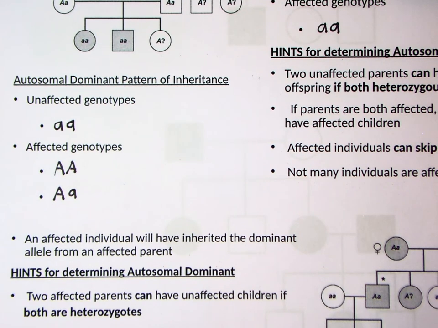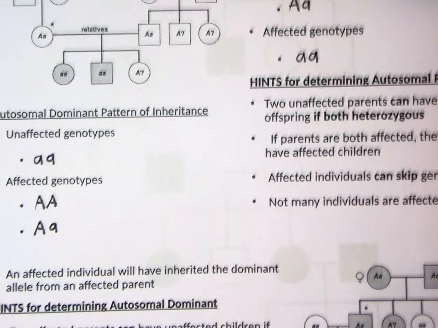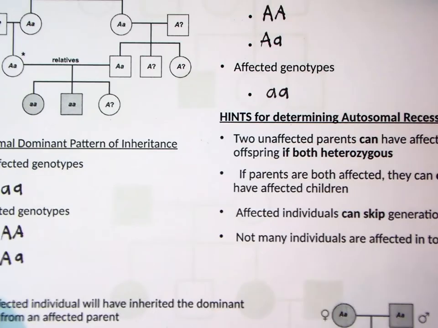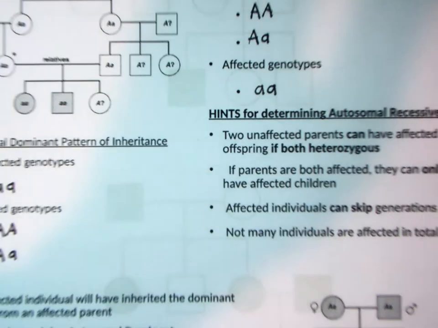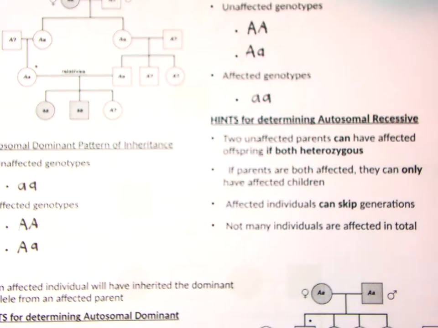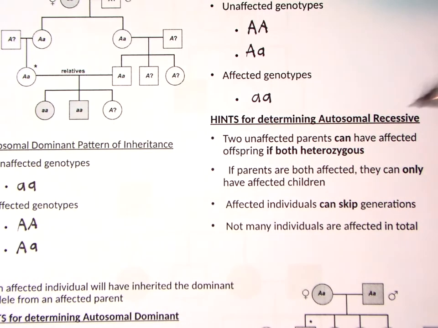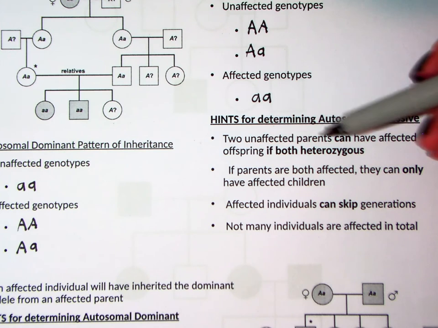You'll be shown these pedigree charts and then expected to decide if it's showing an autosomal recessive or autosomal dominant gene or disorder. So hints for determining autosomal recessive: 2 unaffected parents can have affected offspring if both are heterozygotes.